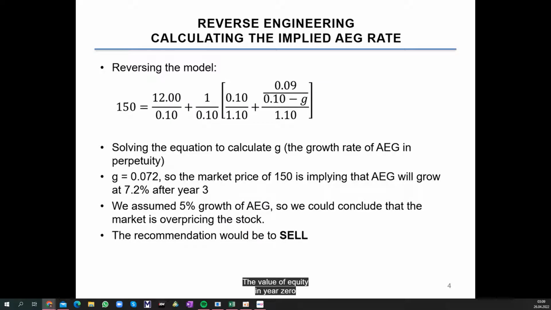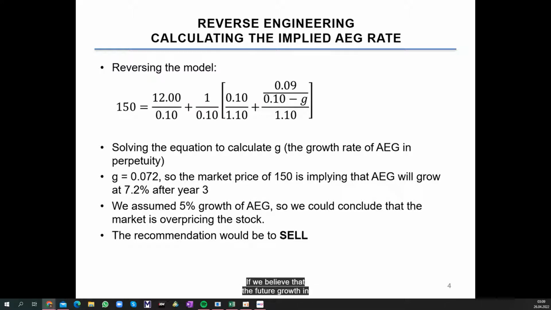The value of equity in year 0 is equal to capitalized earnings in year 1 plus the sum of discounted capitalized abnormal earnings growth from year 2 onwards, including a growing perpetuity terminal value term. We can solve the equation to calculate g, and this is equal to 0.072. So 7.2% is the growth rate in abnormal earnings growth that investors expect.